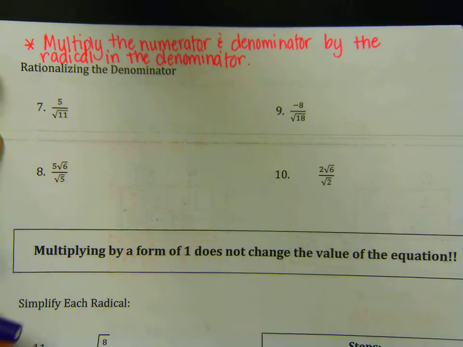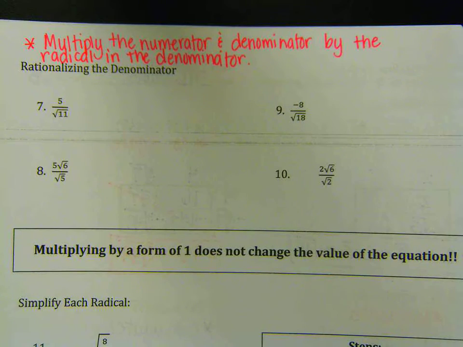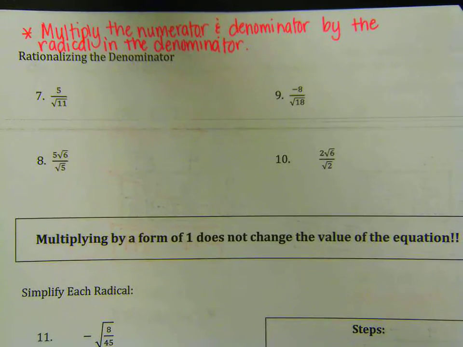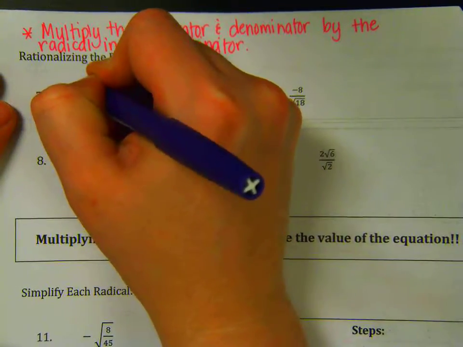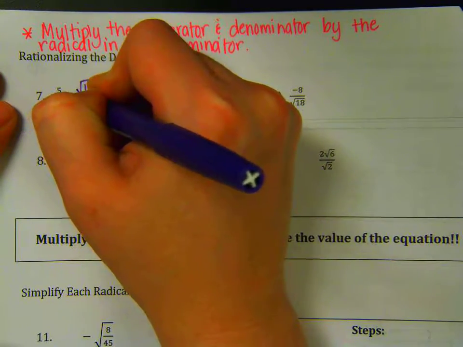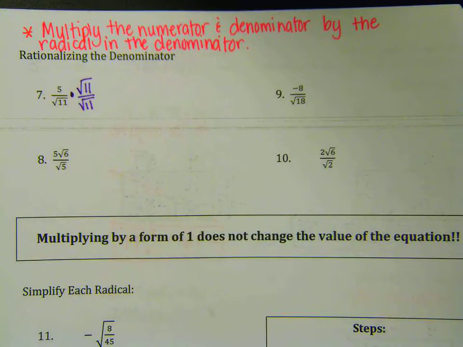So what that means is it doesn't matter if there's more than just a radical in the denominator. That's what I'm taking. So in number 7, I'm taking the square root of 11 and multiplying it by both the numerator and denominator. What that's going to do is I'm multiplying by 1 because the square root of 11 over the square root of 11 is just 1.